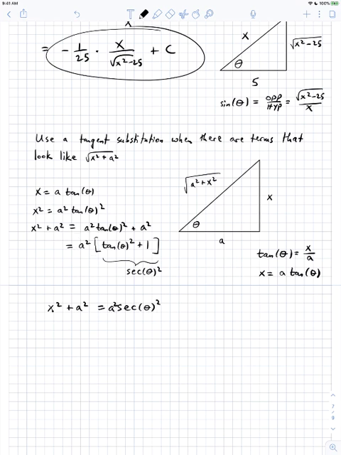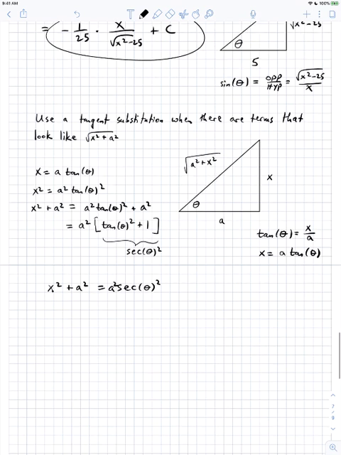And that's really the whole idea. You start with some term that's the square root of x squared plus a squared, and you want to make that look like a perfect square, and using the right substitution does that. Now it looks like a squared secant theta squared, which is the square of a perfect square. So it's a times secant theta.